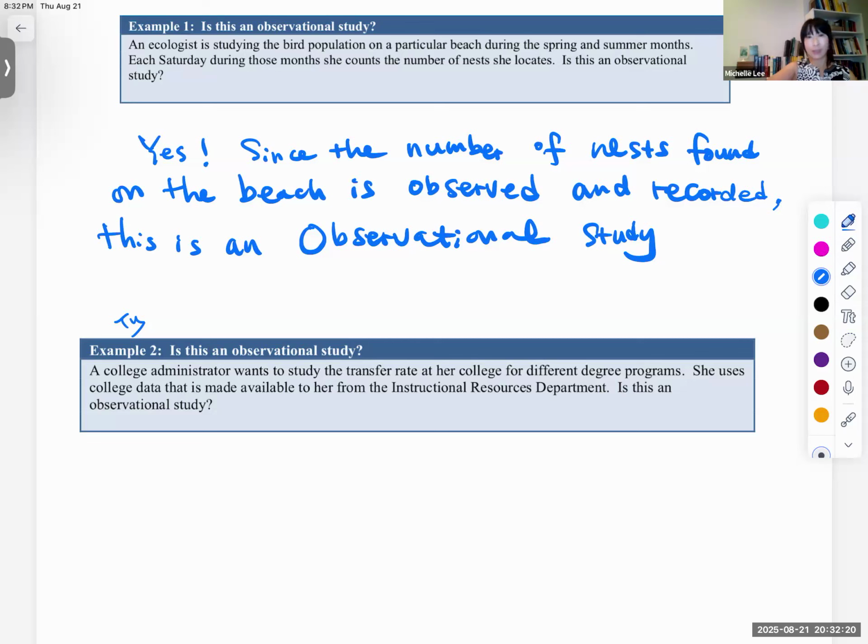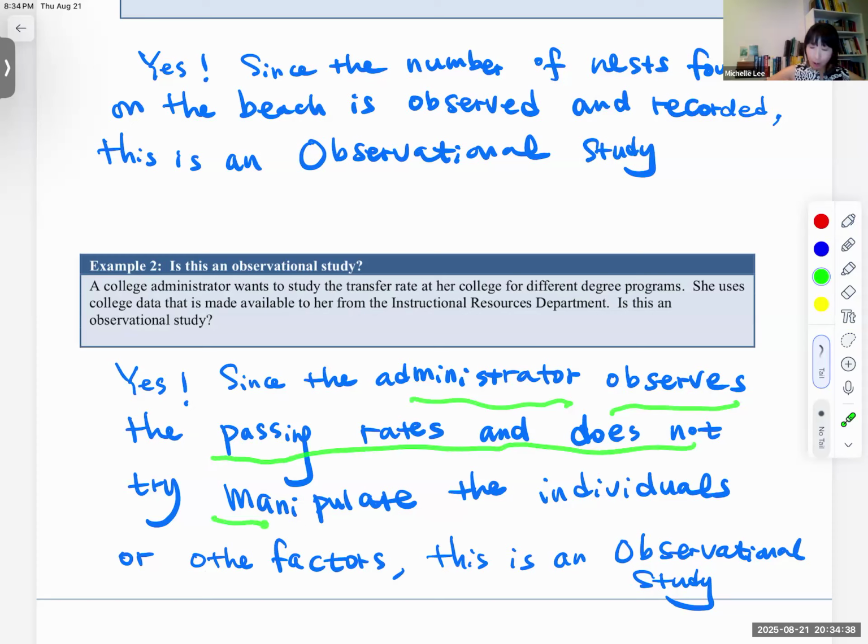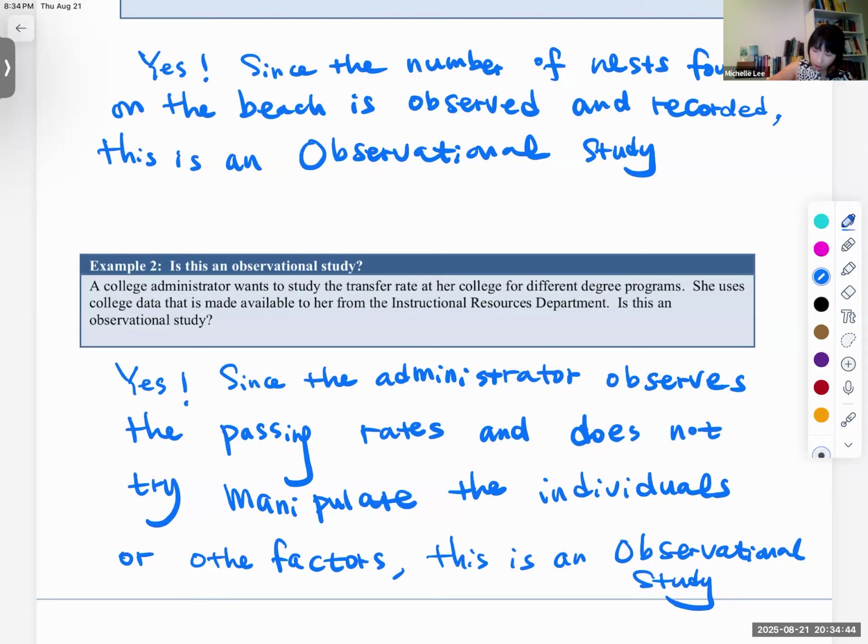Okay, very good. Someone said yes. Let me write down. Yes, since the administrator observes the passing rates and does not try to manipulate the individuals or other factors. So it's an observational study.